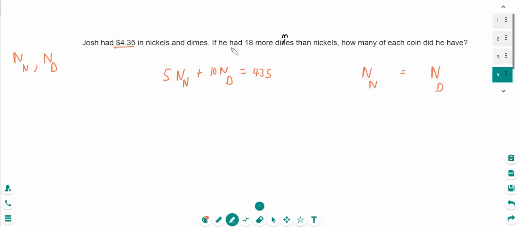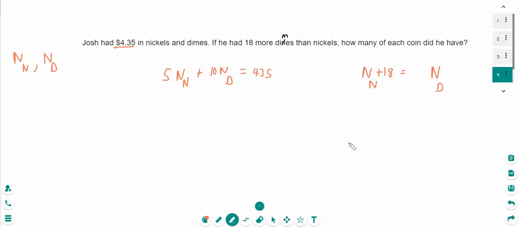And if they're telling me he had 18 more dimes than nickels, well, again, that means the number of dimes, that's where he has most of it. Most of those coins are dimes. So the number of dimes is 18 more than the nickels, and we need to take the nickels and add 18 to the nickels so that it would be equal in number to the number of dimes.